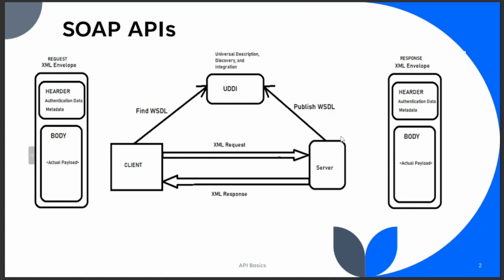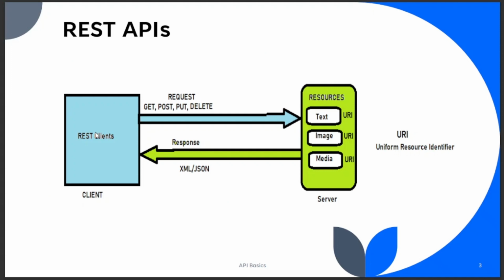Compared to REST, SOAP is a little bit heavyweight. Why? Because it follows a specific messaging structure, whereas in REST, the client will interact with the server in the form of HTTP methods like get, post, put, delete. And in REST, everything which is present on the server is called a resource.